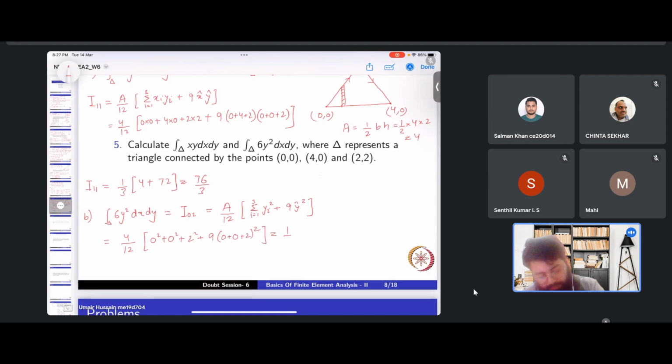So we get 1 by 3 times 4 plus 9 times 4, 36. Okay, so we have 40 by 3. So that should be the value of this integral.